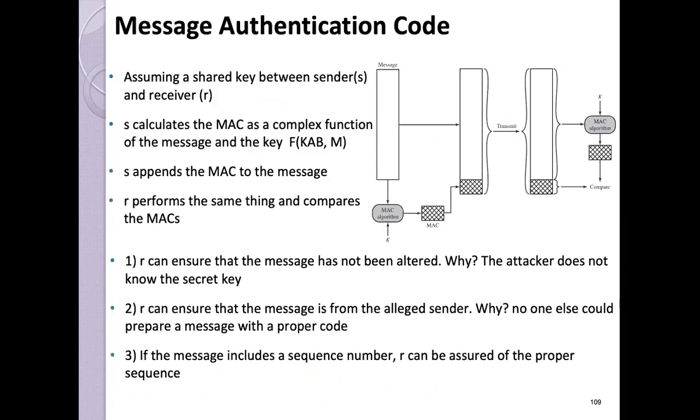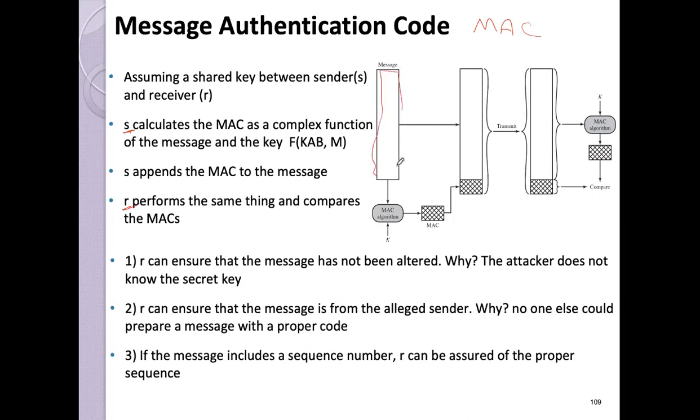Okay, I'm going to talk about three basic mechanisms for message authentication. One of them is the message authentication code, or MAC. Suppose that we have two sides: the sender side that I show by S, and the receiver side that I show by R. And this is the message.